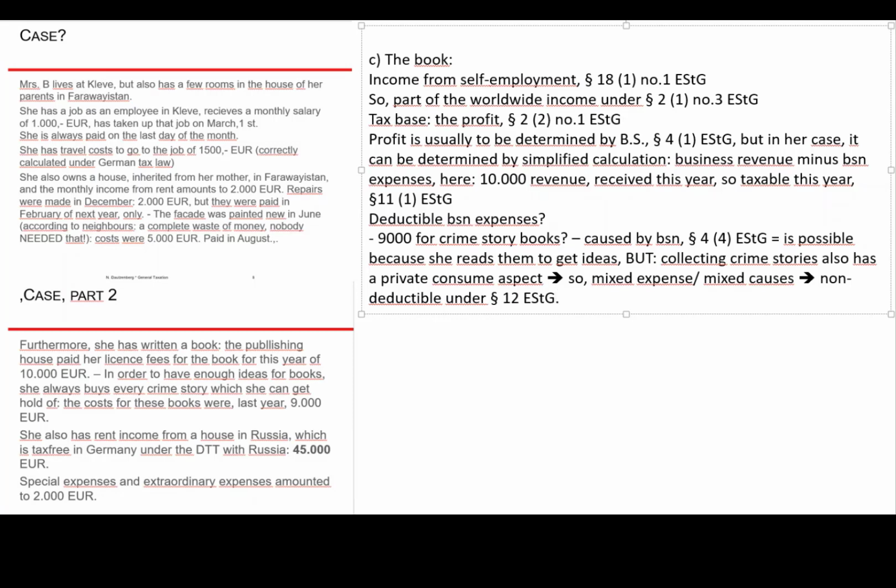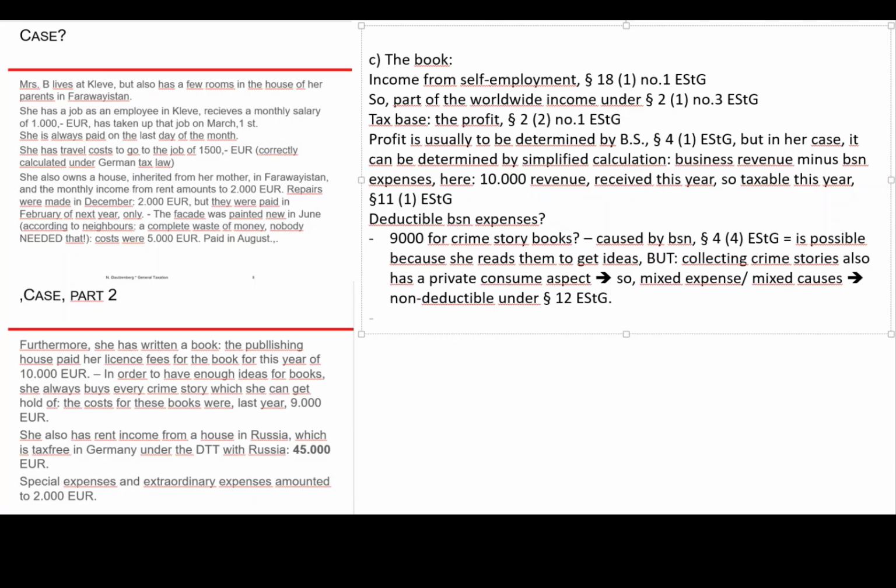Because may it be necessary or not, the decisive aspect is not necessity. The decisive aspect is if something is caused by business, and if it's caused by business only, and that is not really guaranteed here.